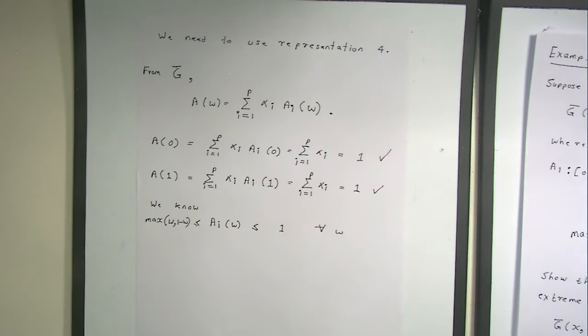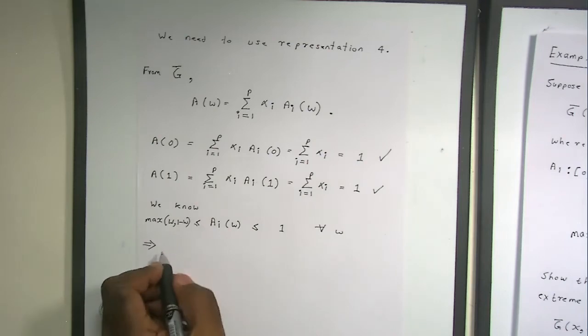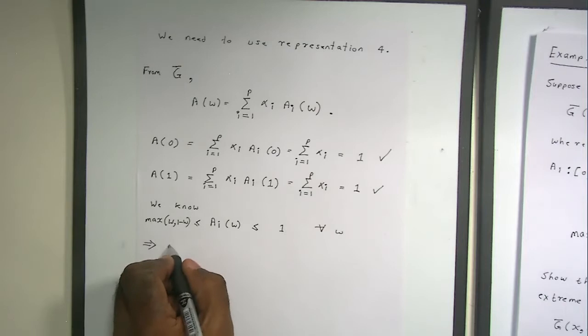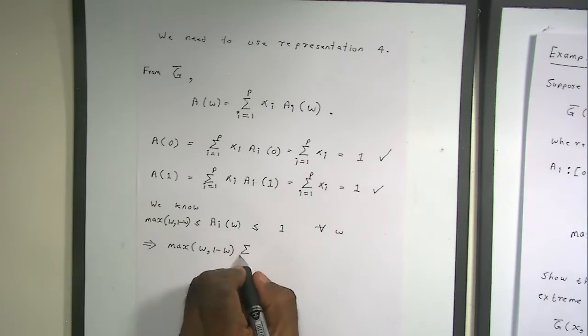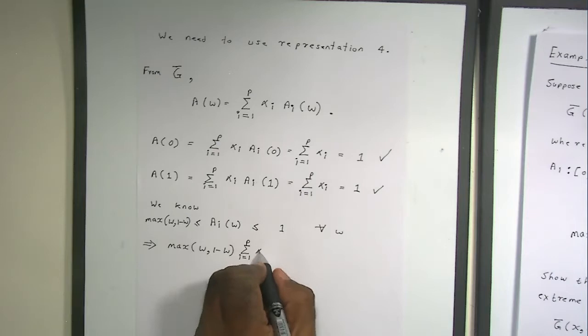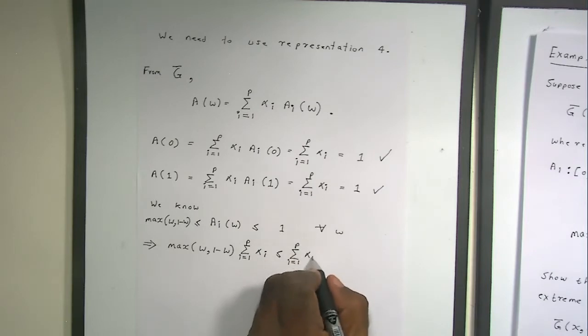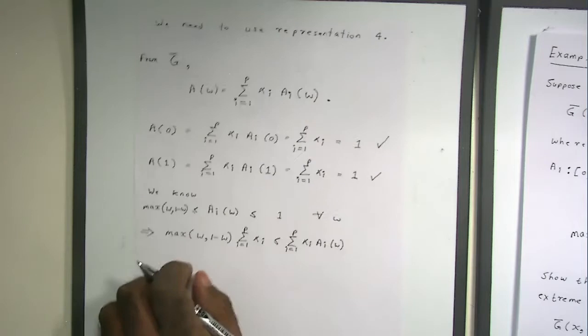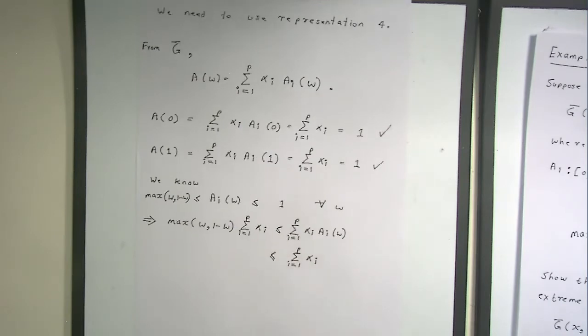we know that AI of omega lies between these two limits for all omega, because that's given in the question. So this implies that if you do the sum, this implies this.